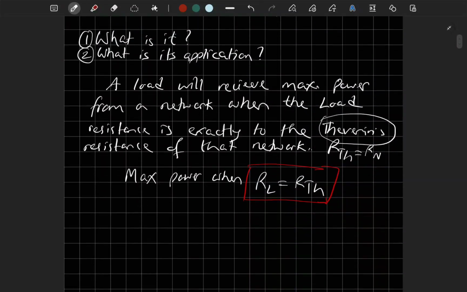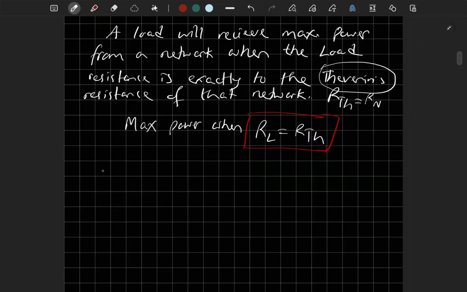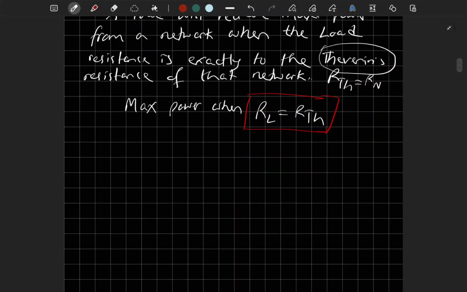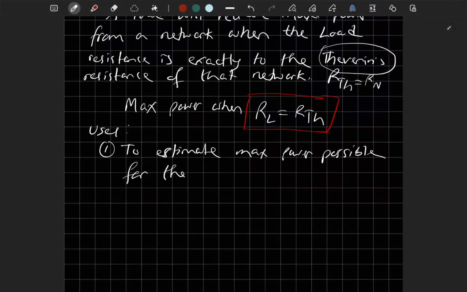And the application of this theorem is if we want to estimate the maximum power that a network will provide to the load, then we can use this theorem. So to estimate the max power possible for the load, or to determine how much power from the circuit a load is consuming.